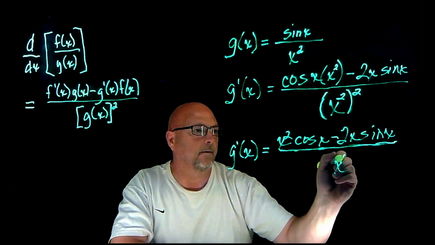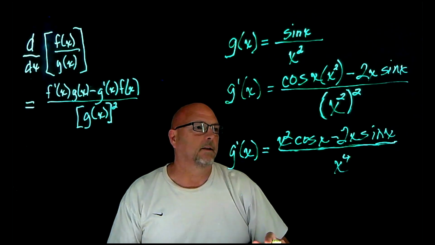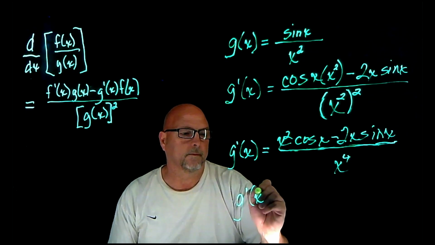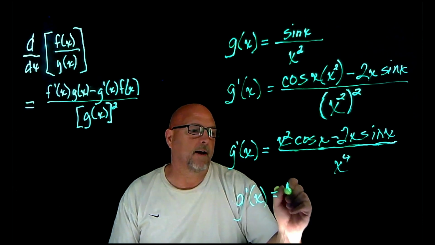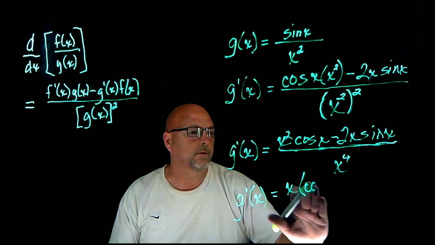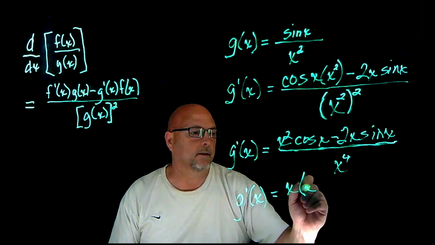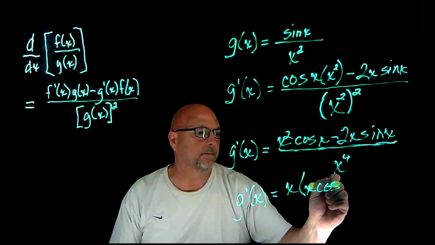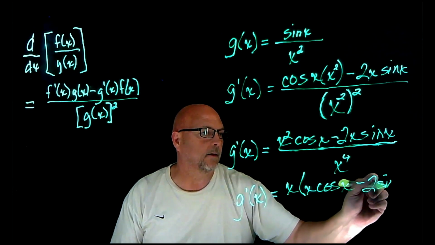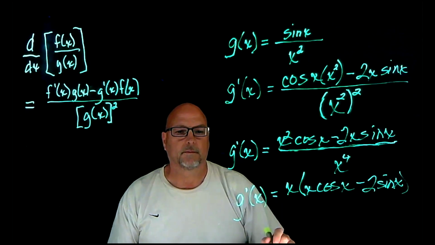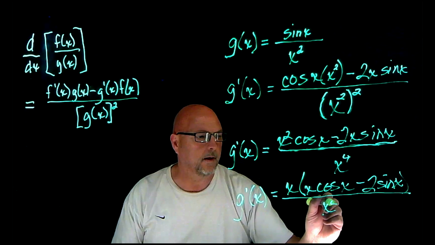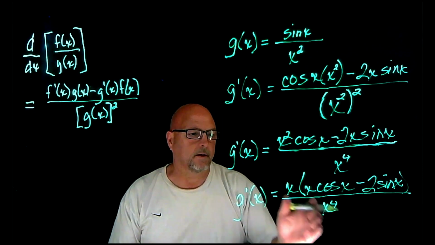I'm going to rewrite that right now as x to the 4th. If you did simplify on the top, you could factor out an x, and that would leave you with x cosine x minus 2 sine x, and in the bottom, x to the 4th. And one of those could cancel.